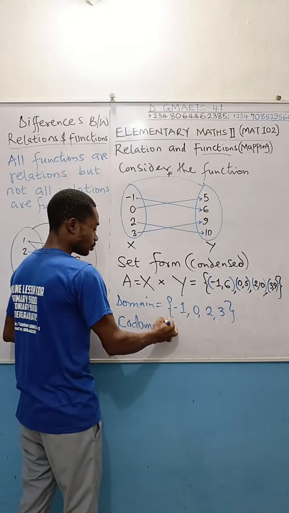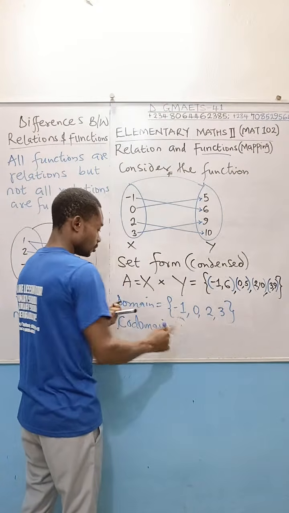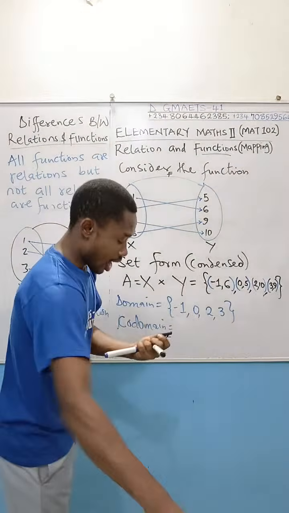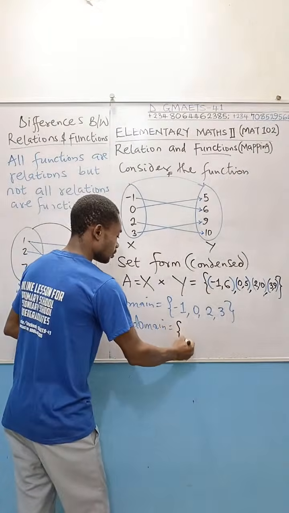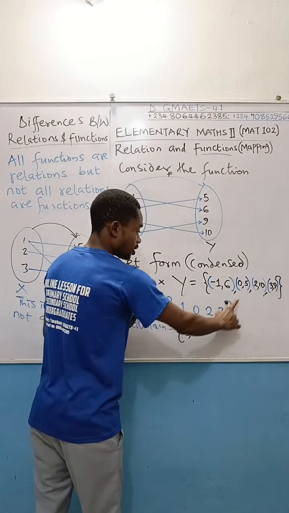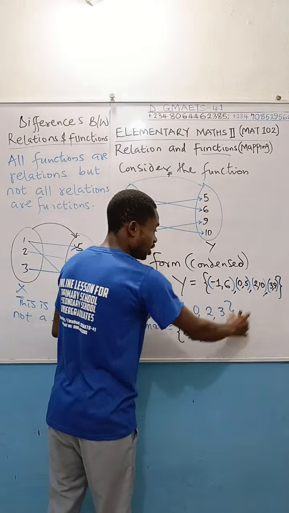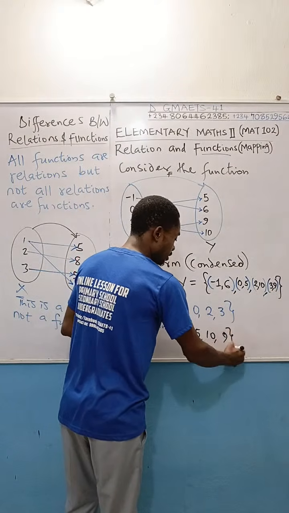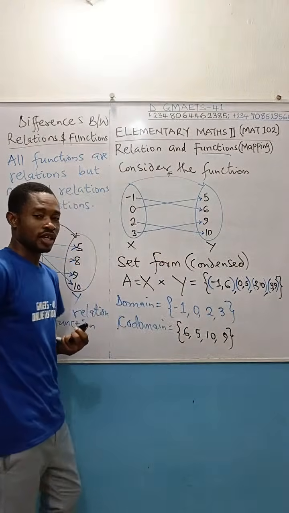Codomain are all the second elements. Here, the second element in this coordinate is 6, in this coordinate is 5, in this coordinate is 10, in this coordinate is 9. So these are the elements of the codomain.